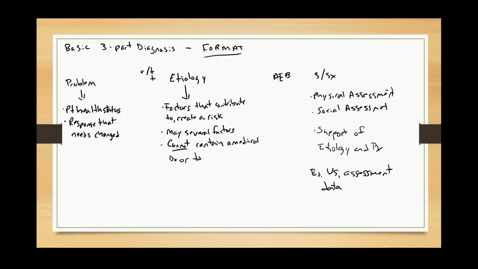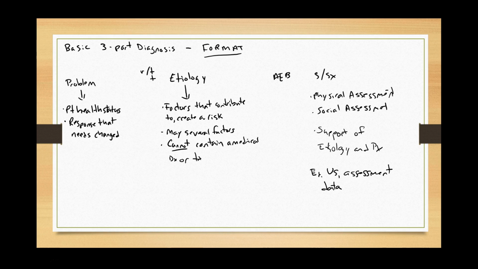So redness, swelling, purulent discharge to a wound might be signs and symptoms. If you're doing infection related to cut on arm, and then you have redness, swelling, tenderness, pain, fever of 101.2 Fahrenheit, that kind of thing. So that all goes in your signs and symptoms.